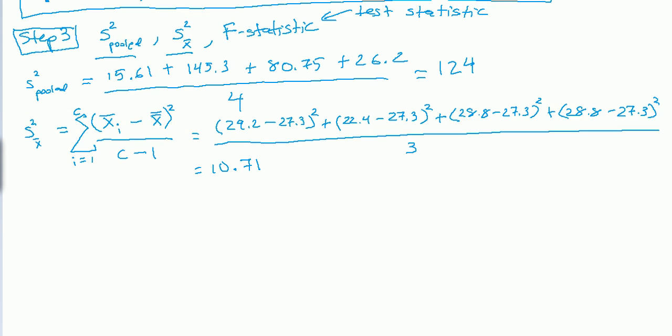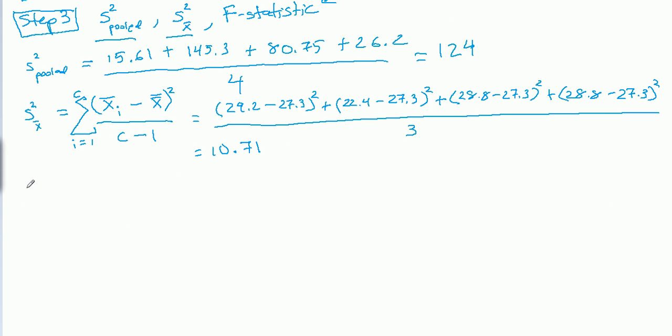Now F is very easy to get here. F, which is our test statistic, what all this has been culminating to, is n dot, which for me was the symbol for a balanced one factor ANOVA, meaning all the groups have the same number of observations. So n dot times s squared x bar, which we just got, over s squared pooled.